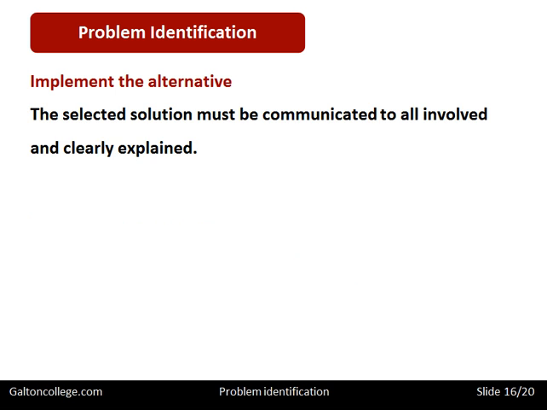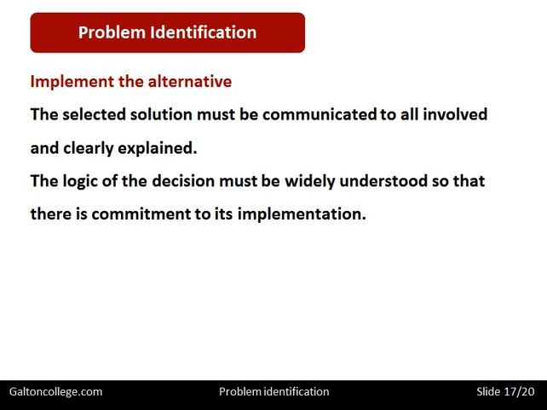Implement the alternative. The selected solution must be communicated to all and clearly explained. So it must be understood widely what the selected solution is and how it will be implemented. The logic of the decision must be widely understood so that there is commitment to its implementation.